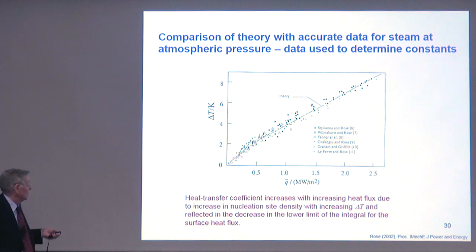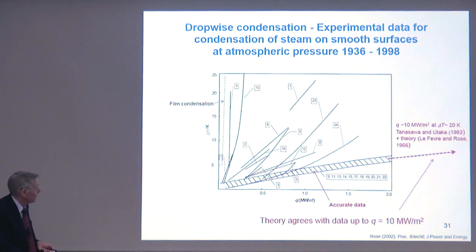Going back to the equation I showed you before, this is the atmospheric pressure. This is the theory with those constants, and these are the accurate data. This is the same graph with all the other data. This is all mostly affected by air and sometimes, in my opinion, inadequate measurement of the surface temperature.